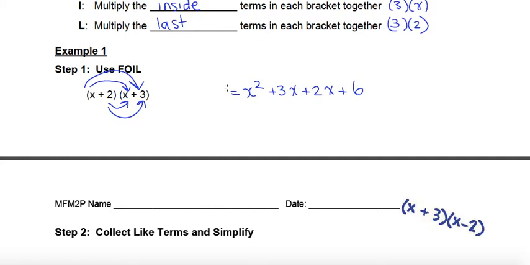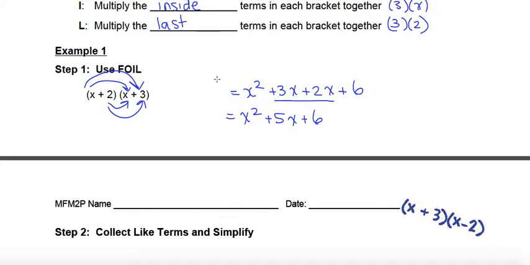Once you've used FOIL, you're going to have 4 terms, and now we want to simplify or collect those 2 middle terms. So this simplifies to x squared, and then 3x plus 2x is 5x, and then plus 6. So step number 1 is to use FOIL. I've actually done all of the steps in one.